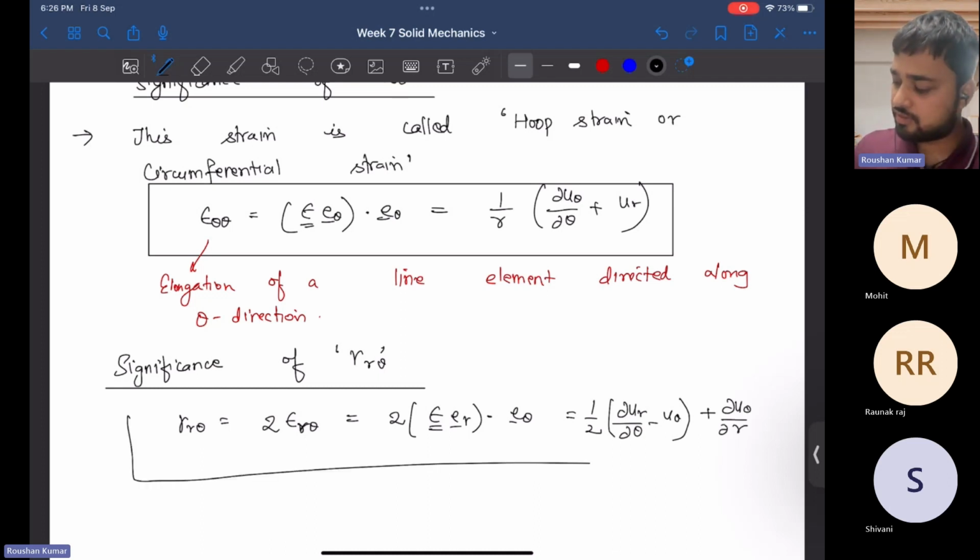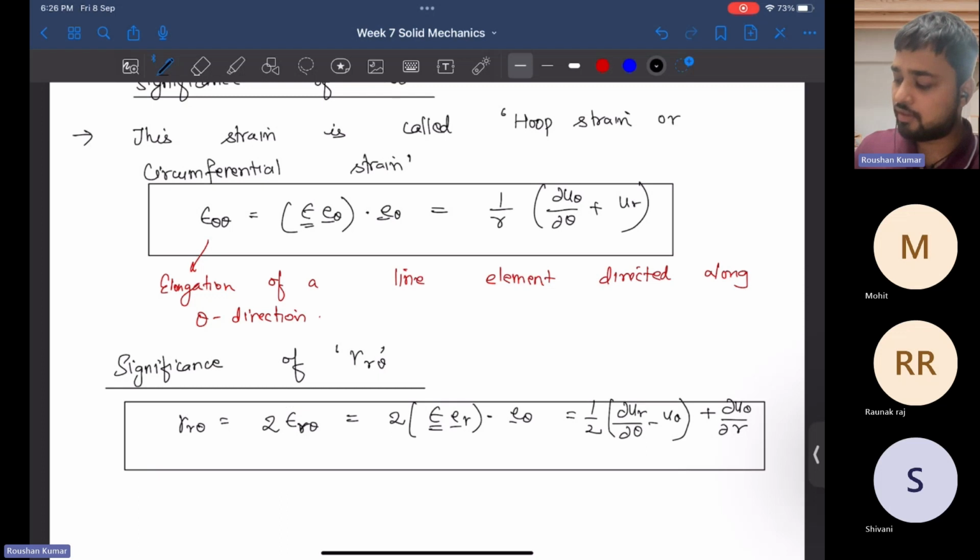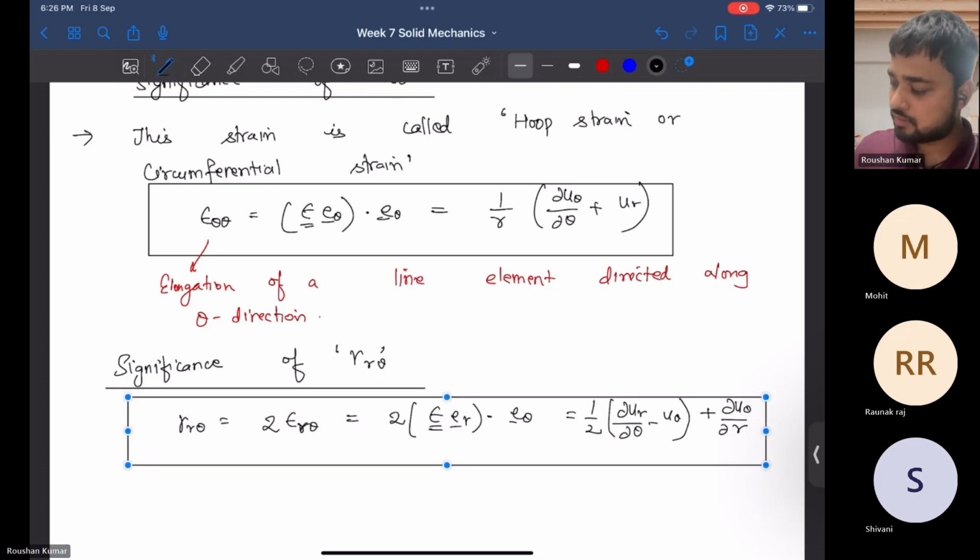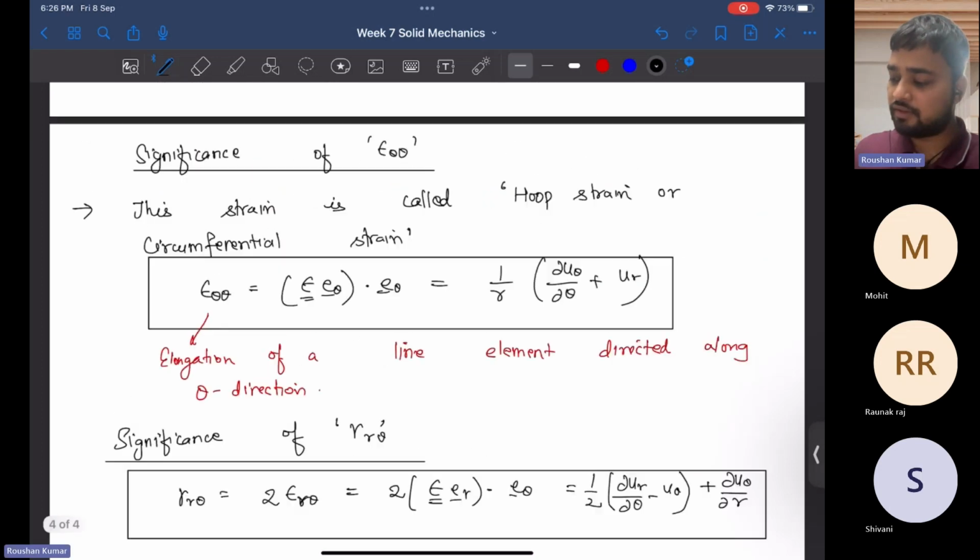So this is the expression for gamma r theta. I think everyone is understanding the concept here. This is the relation of strain in terms of displacement, basically the strain displacement relation.